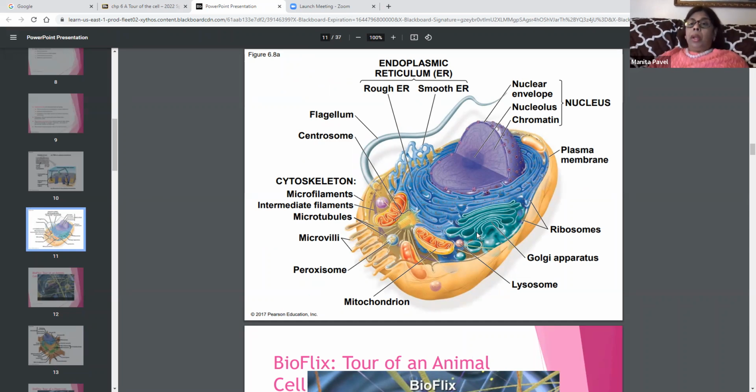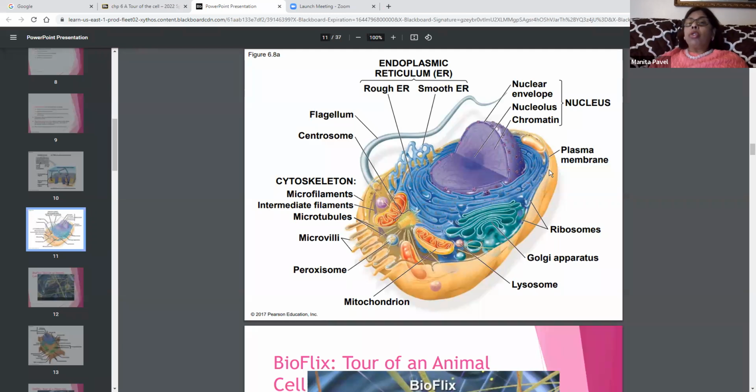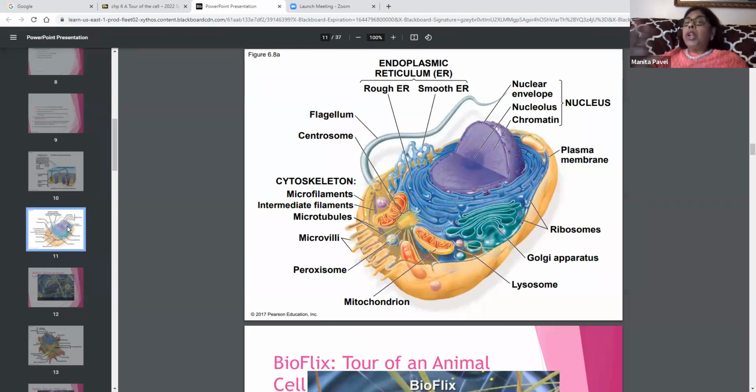Secondly, plant cells will have a double thick cell wall. So they have an outer layer called the cell wall, and they have the inner layer here called the plasma membrane, whereas we animal cells only have a plasma membrane. Thirdly, plant cells have chloroplasts present, whereas animal cells will not have chloroplasts present.